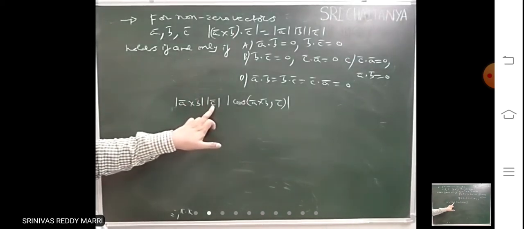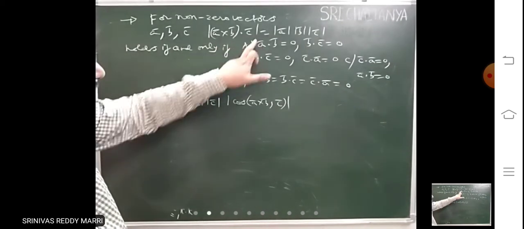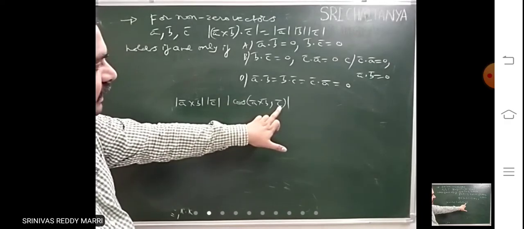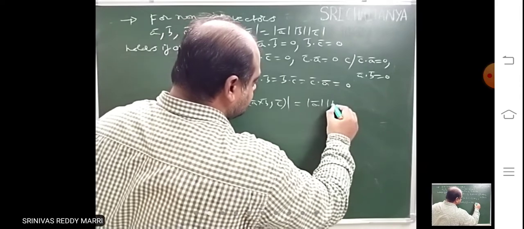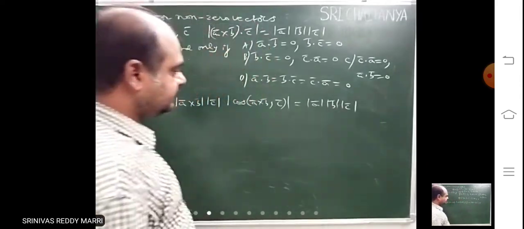Modulus A bar into modulus B bar; as the modulus is there for the angle, write modulus. This is equal to what is given.